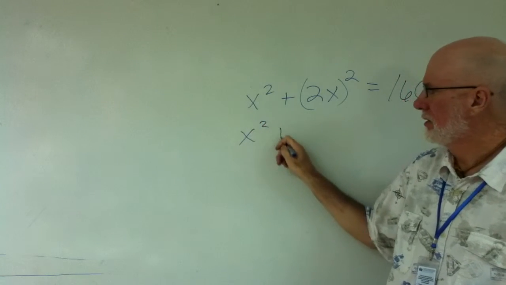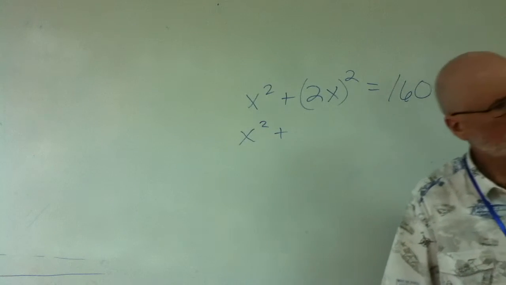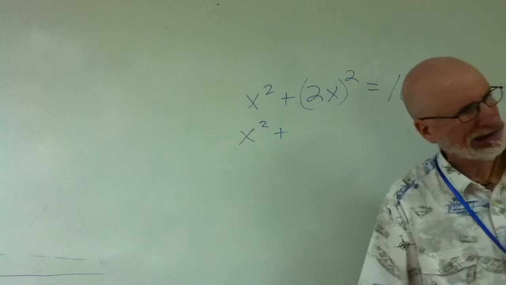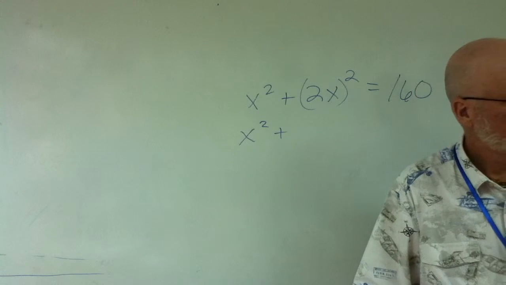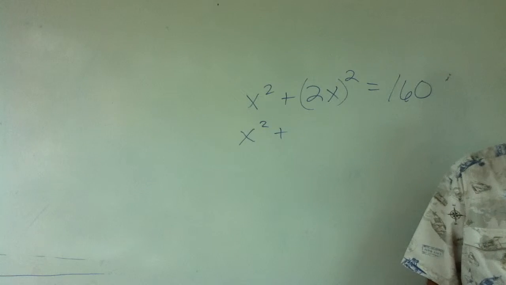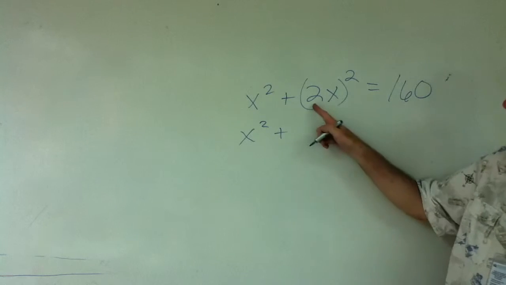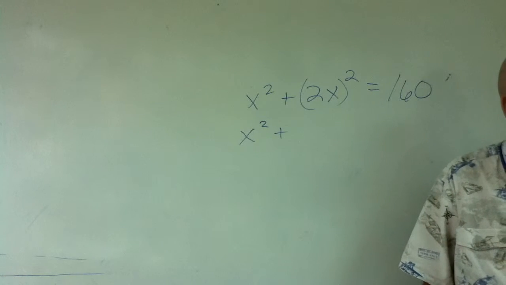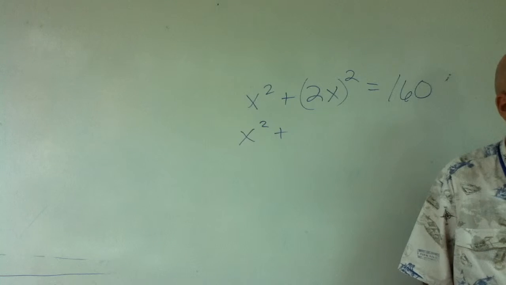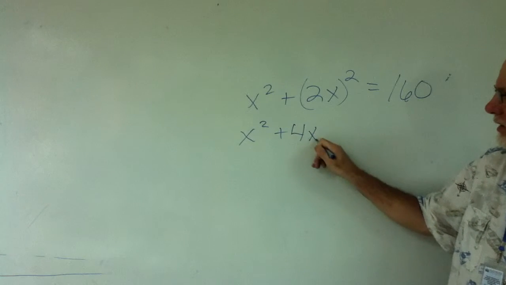X squared plus, what's this going to be? 4x squared. You square both of them. Square that and square that. Right? Make it rhyme. So that's going to be 4x squared.